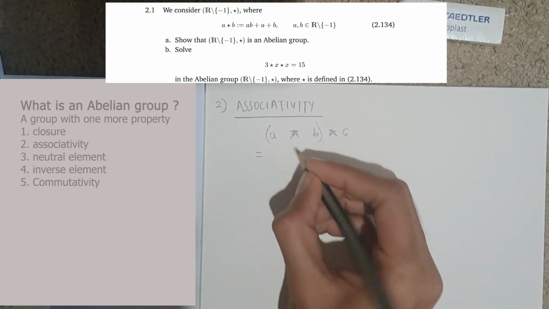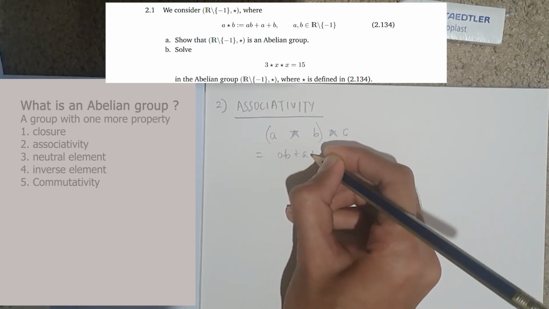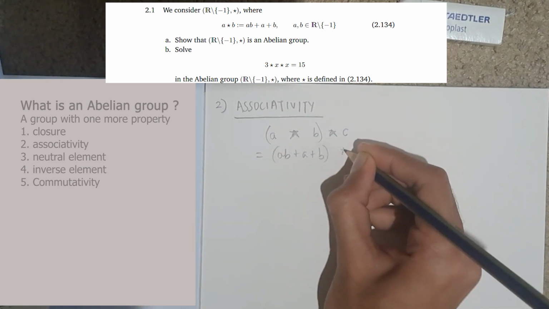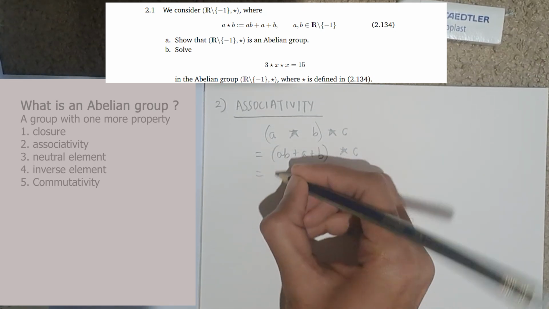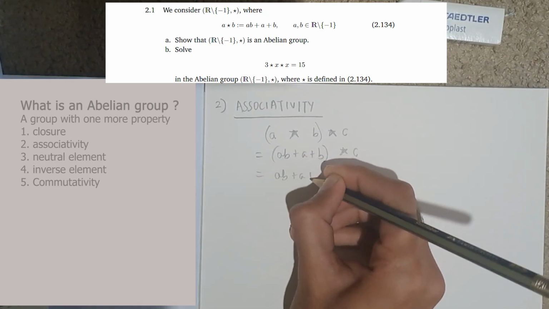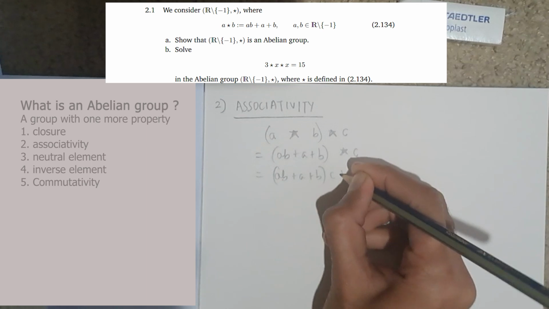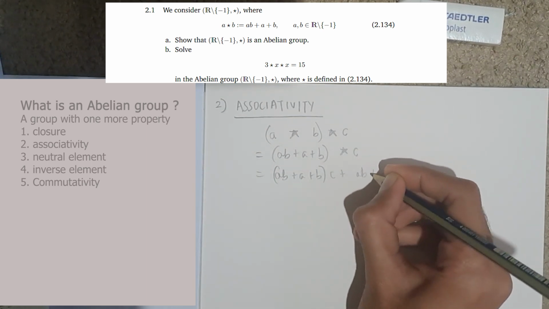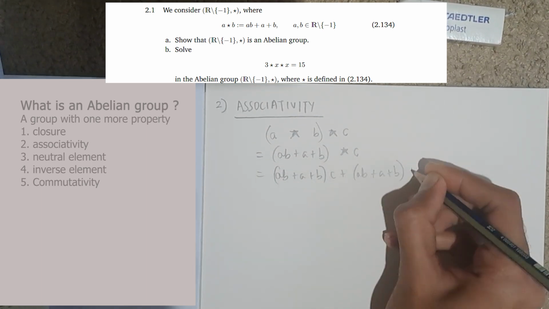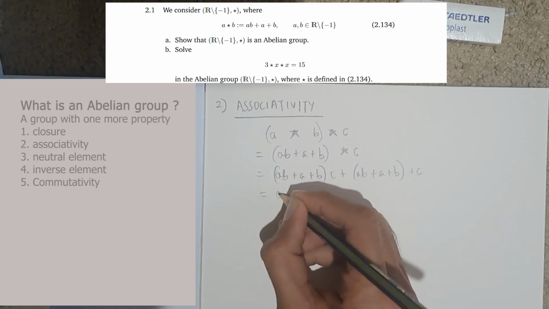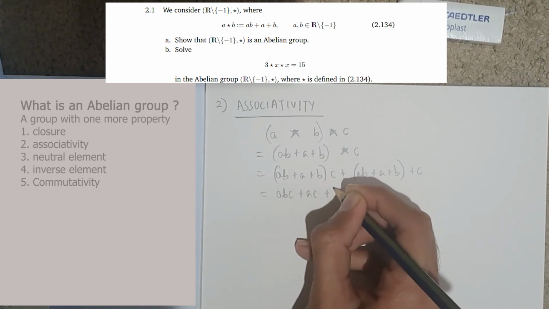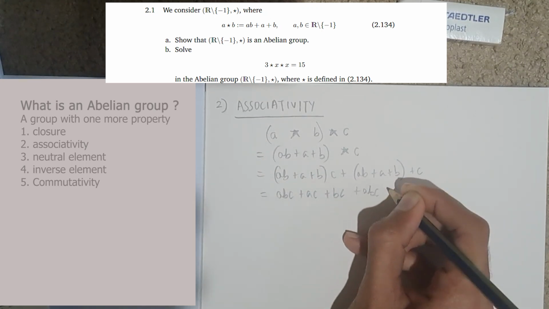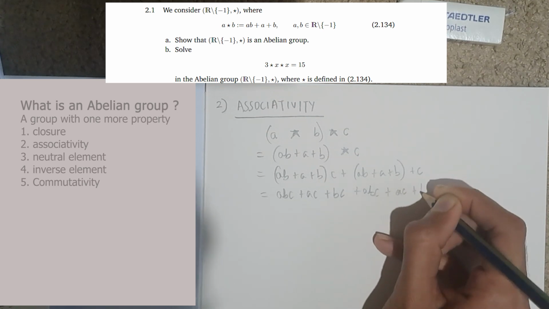Let's see what that evaluates to. So that should be AB plus A plus B. This is based on the formula that gives you ABC plus AC plus BC.